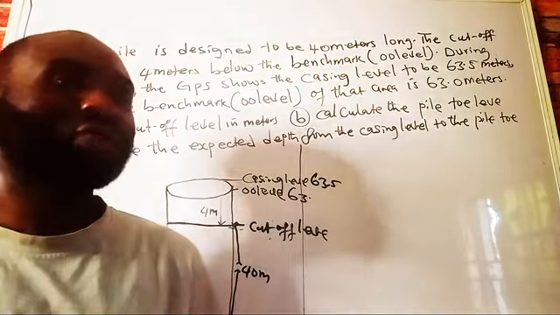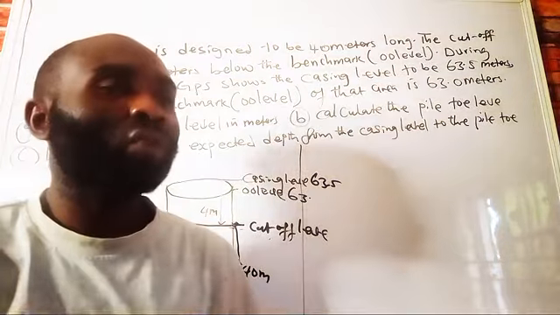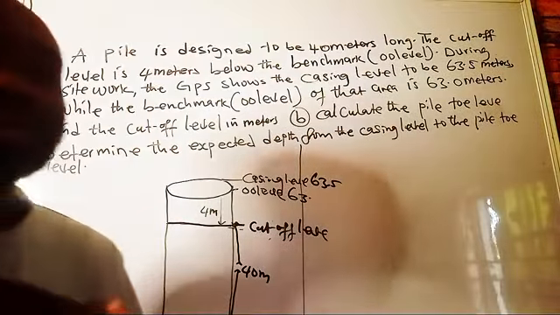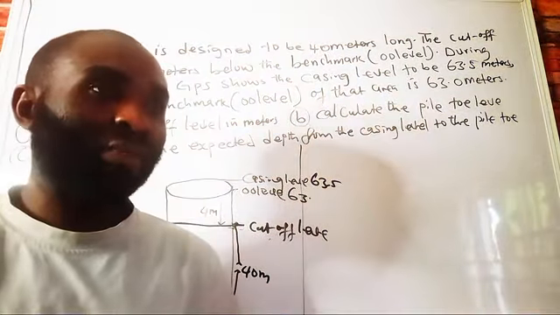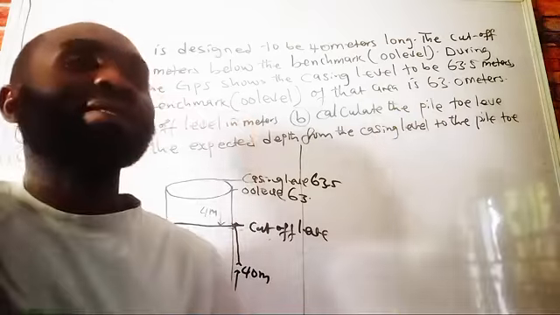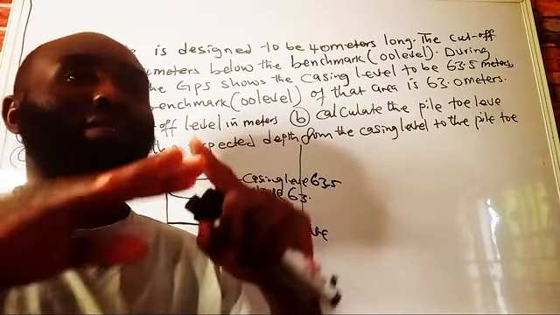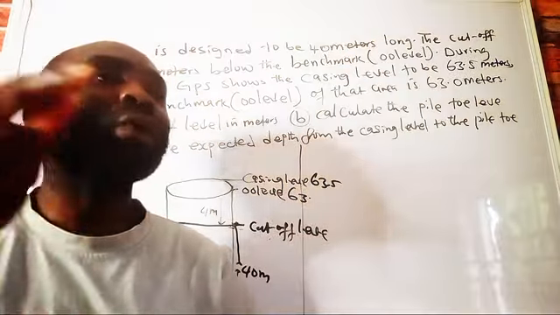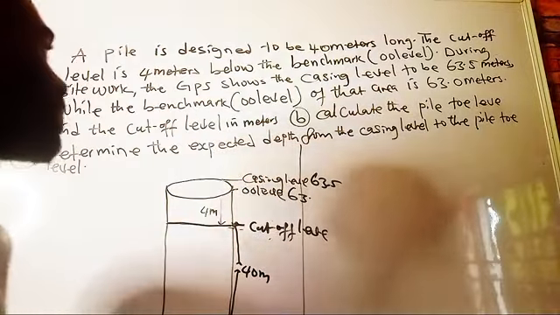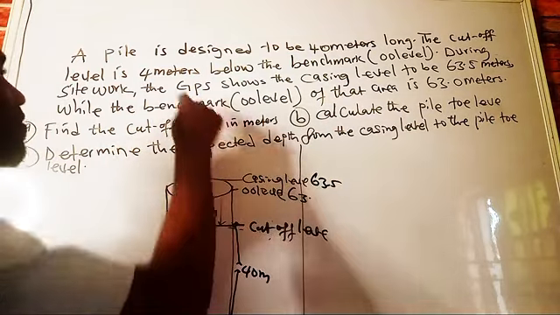It is the elevation of the ground above the sea level, the zero level. In any site construction, they take a particular place which they use to backfill all the other places. So the cutoff is 4 meters below the benchmark.